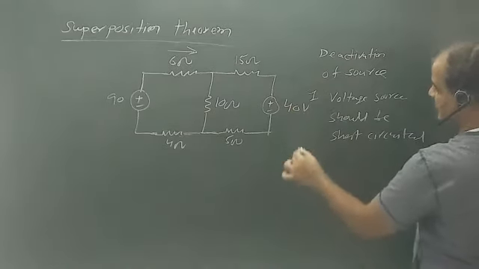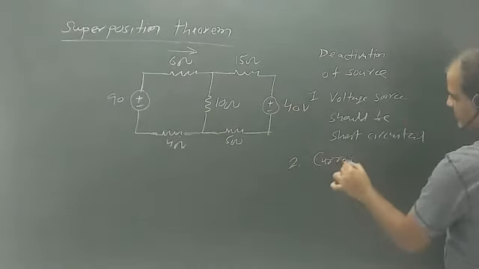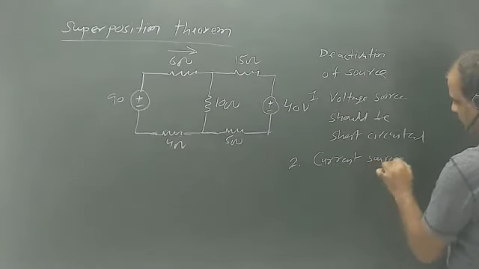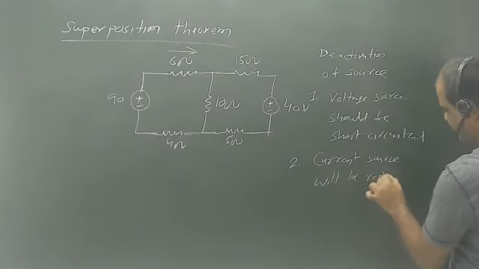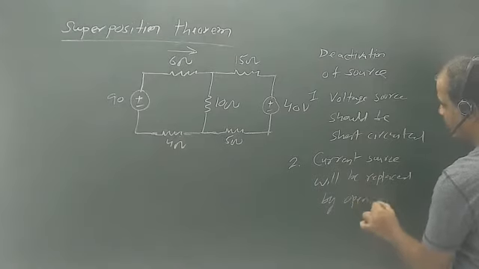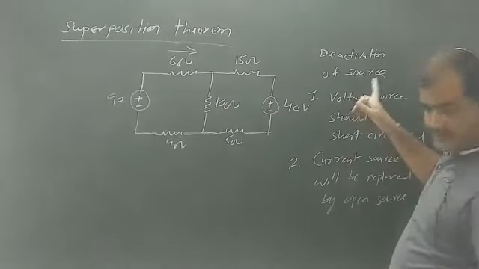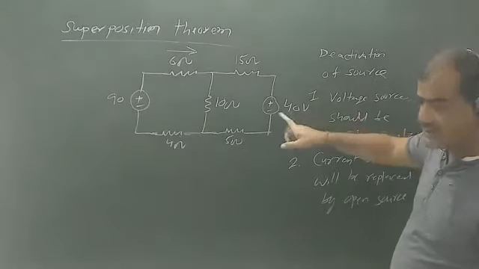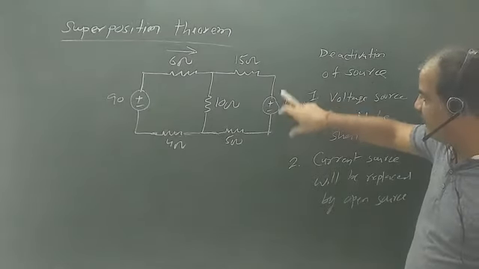This is number 1. Number 2, if there is a current source, it will be replaced by an open circuit. अगर वोल्टेज सोर्स है वो शॉर्ट सर्किट हो जाएगा, और करंट सोर्स है सो दैट विल बी ओपन सर्किट.